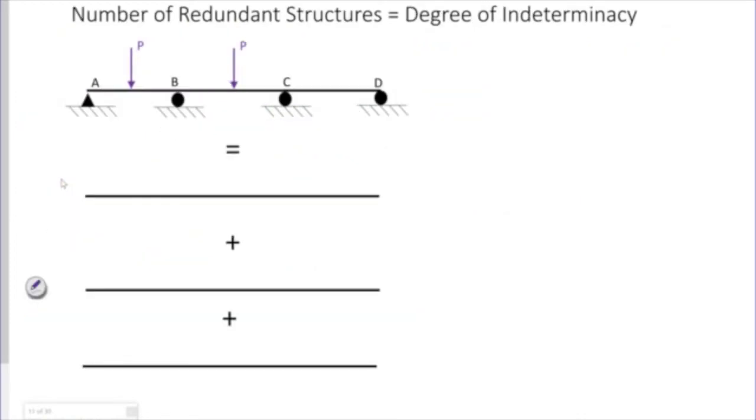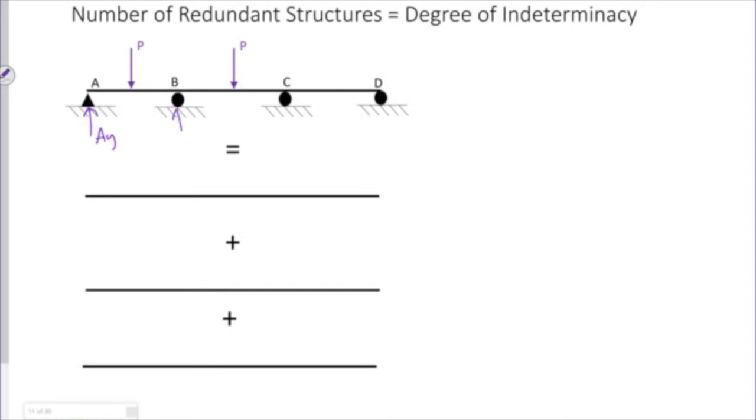Also, finally, how do I know how many redundant structures? Well, it's equal to the degree of indeterminacy. Here we have a single beam with 3 spans, right? Let's write my reaction forces.